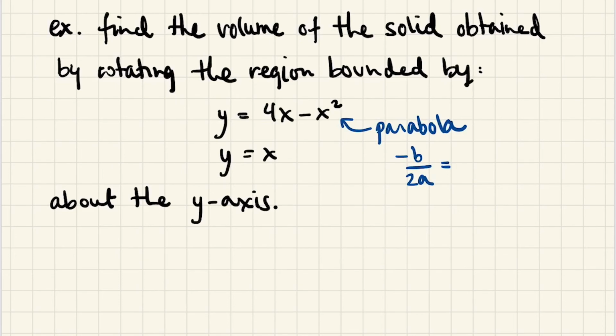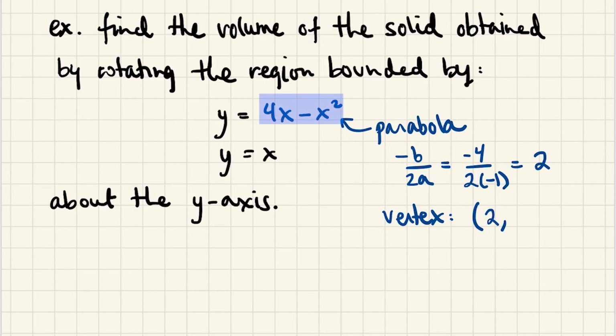You can also just take the derivative and see where its critical point is. So the vertex of this parabola has an x-coordinate of 2, and if we plug the 2 into this, we can see that we get a y value of 4. So vertex of 2, 4, and it's an upside-down parabola because the coefficient of x squared is negative.